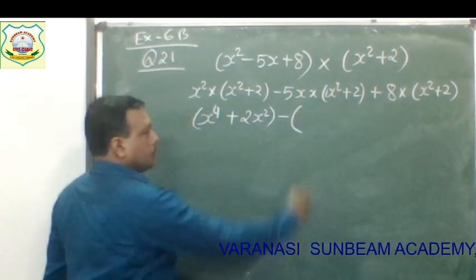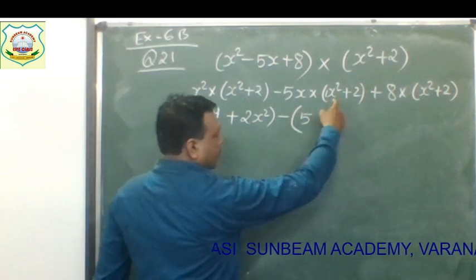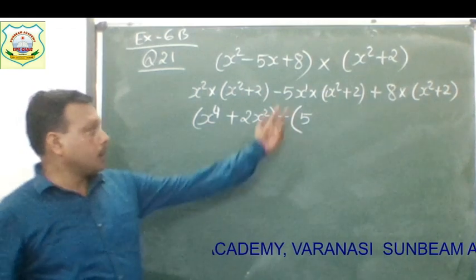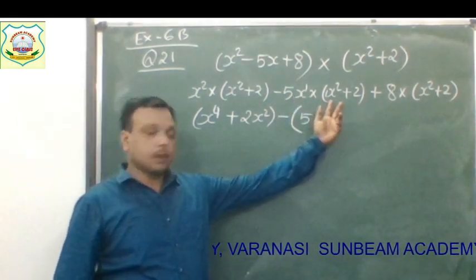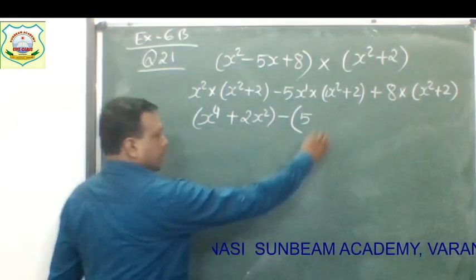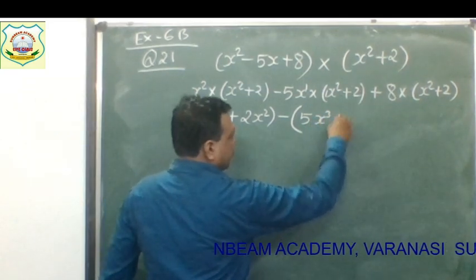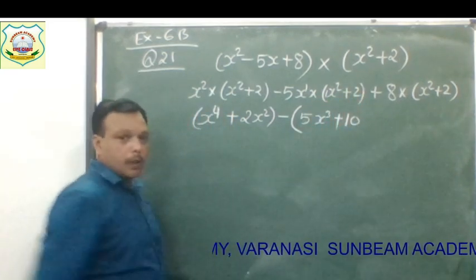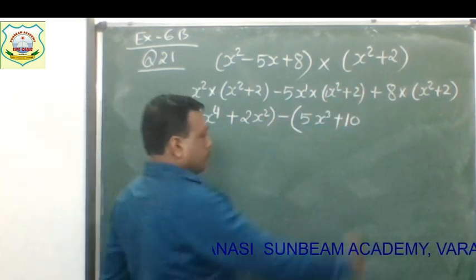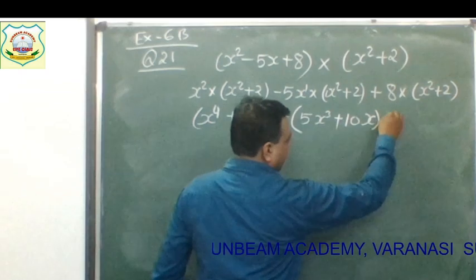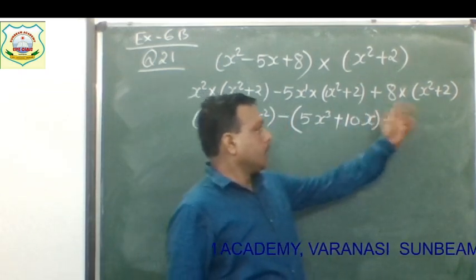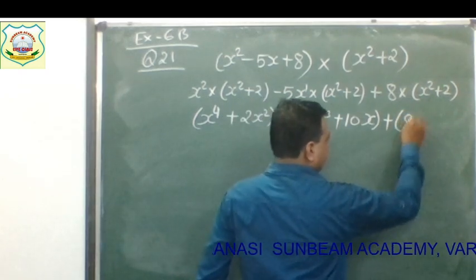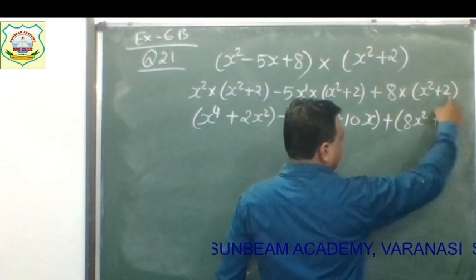5 into 1, 5. X into x square. X power 1 is here, the same variable. X power 1 into x power 2, 2 plus 1, 3, x power 3. Plus 5 into 2, that is 10, but there is no variable here, so x power 1 as the same will come, x. Plus 8 into x square, 8x square, plus 8 into 2, that is 16.